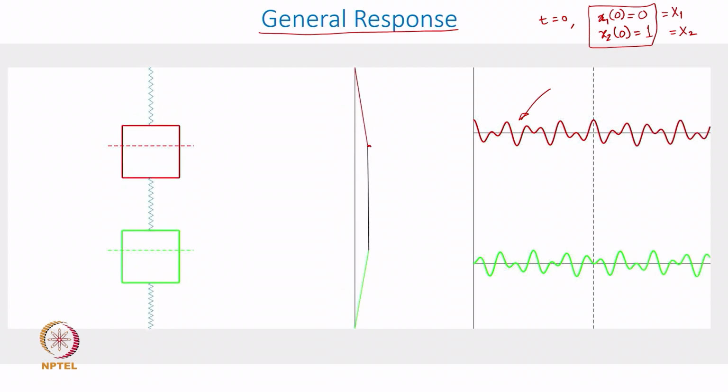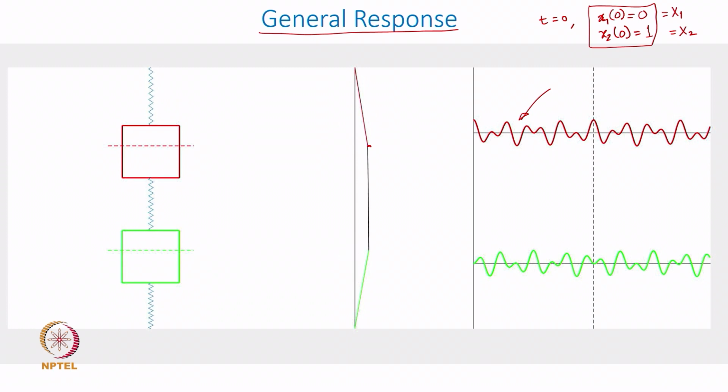And that is very interesting and important for us to understand that if you want to excite a vibratory system into one of its natural frequencies, then the initial disturbance to it should conform to the mode shape corresponding to the frequency in which you want it to vibrate, okay.